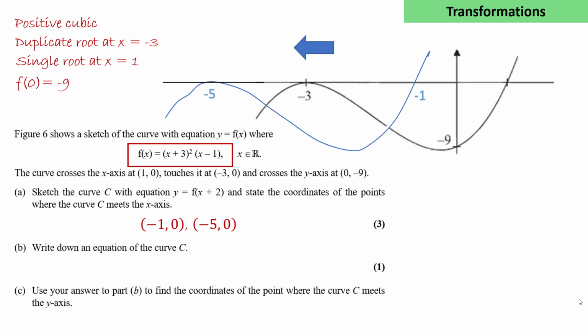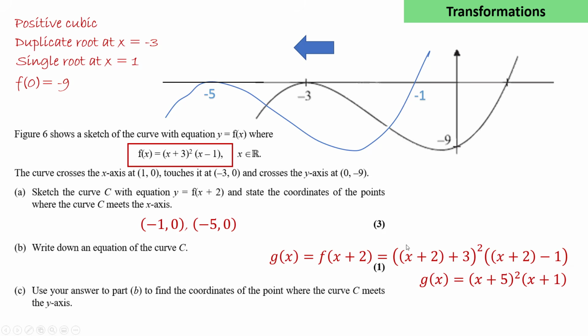We're asked to write down an equation of the curve C. So what we have to do is take the equation for f of x, and for every x in the function, we replace it with x plus 2. So simplifying the expressions in each bracket, we get g of x equal to x plus 5 all squared times x plus 1.